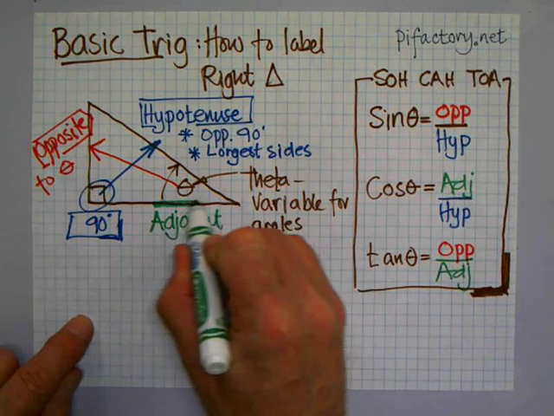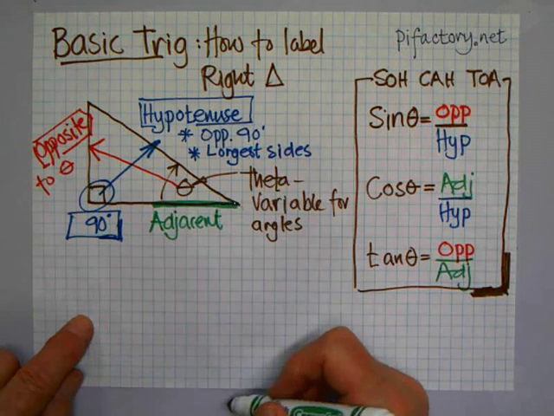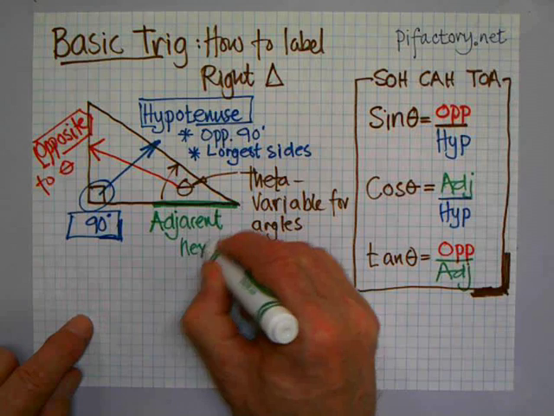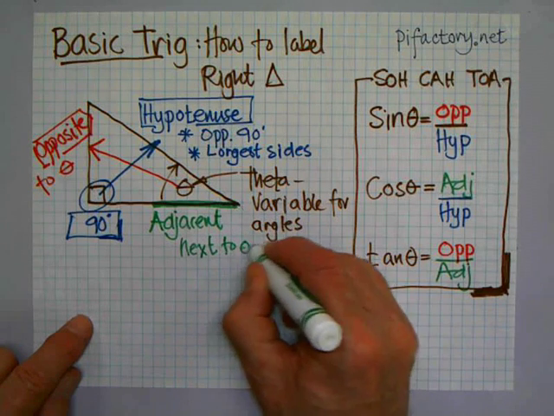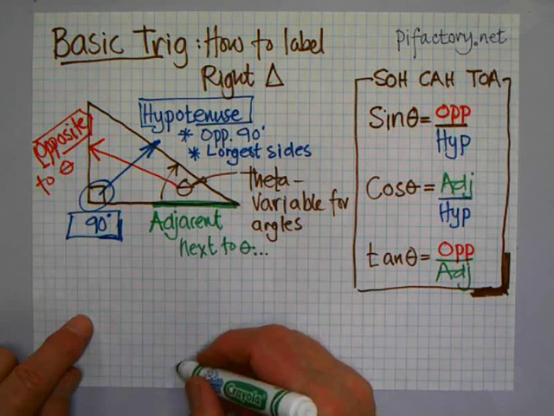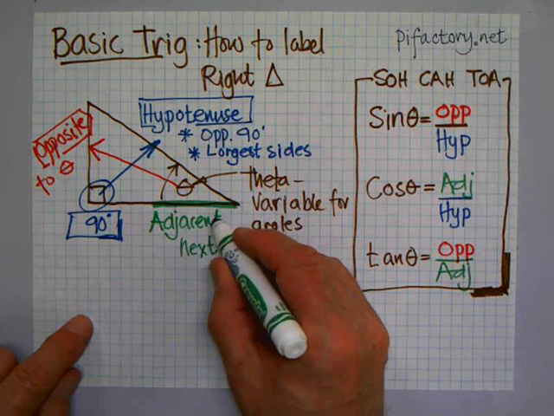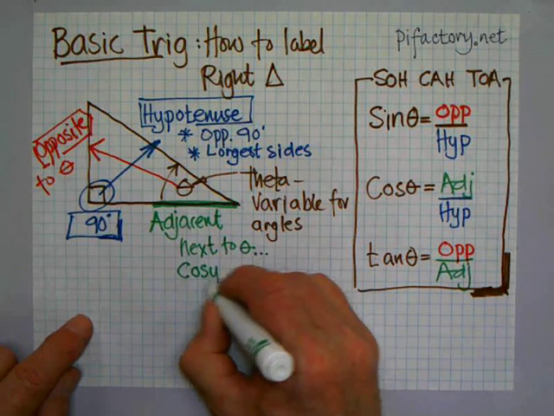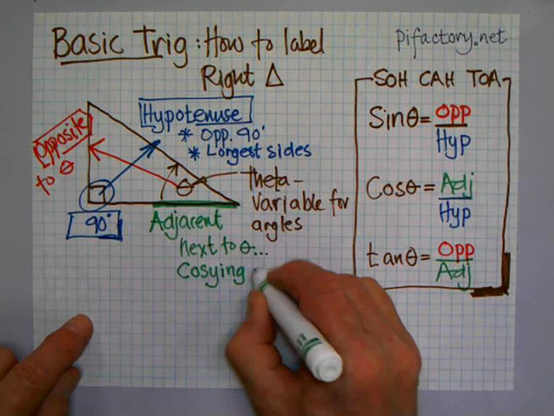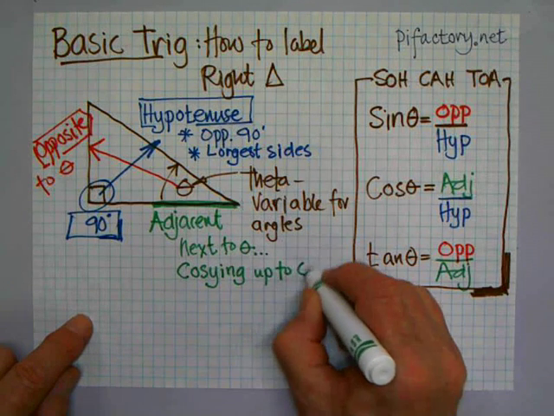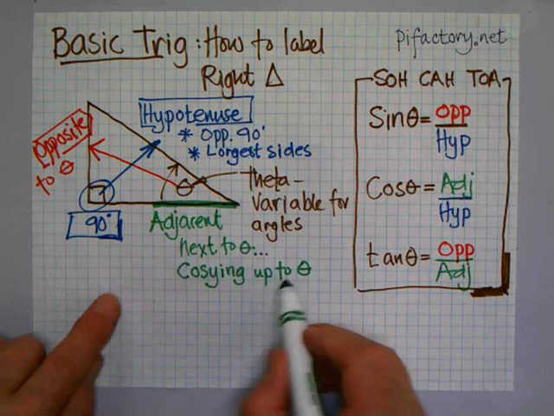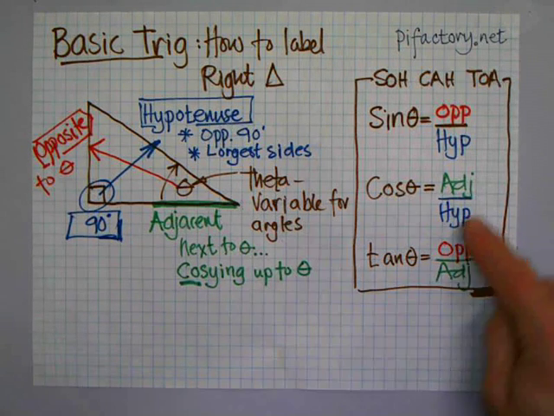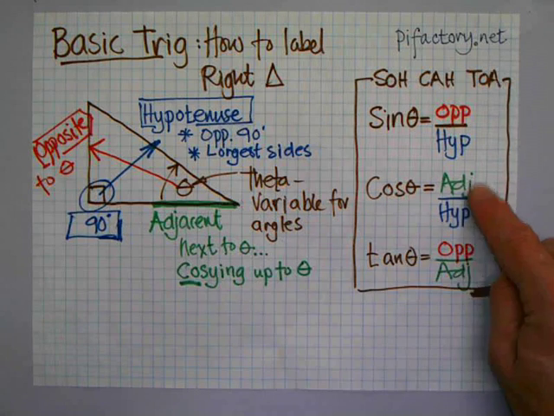Adjacent. And the adjacent side is always one side of this theta. It's next to theta. Adjacent means next to. One I like, it's cozying up to theta. I like cozying up because look, COS, cosine.